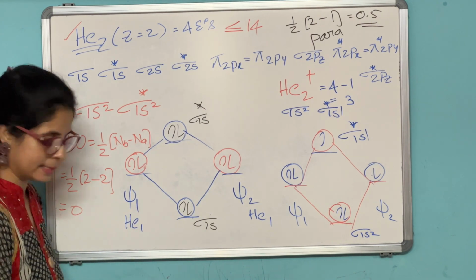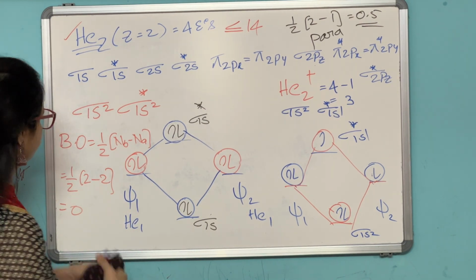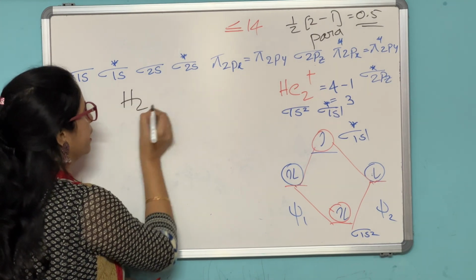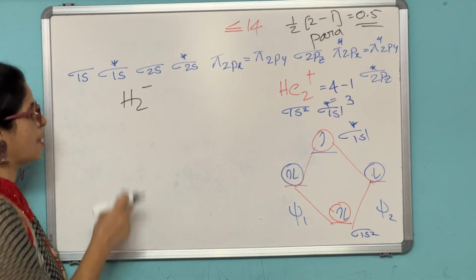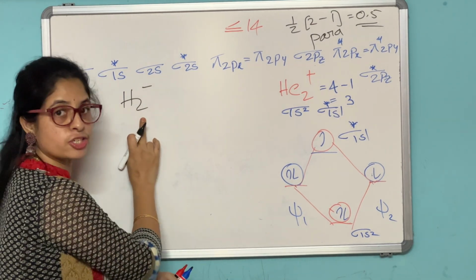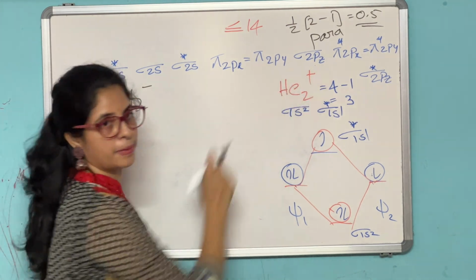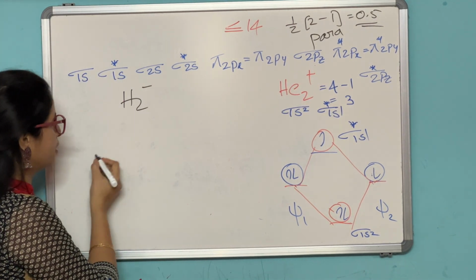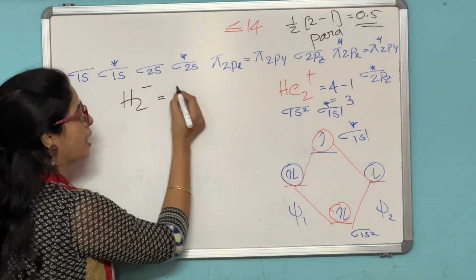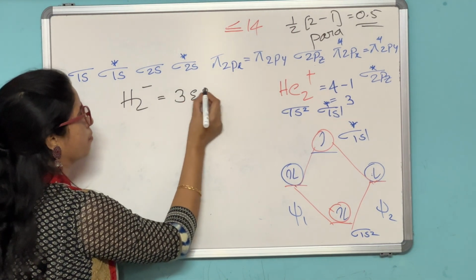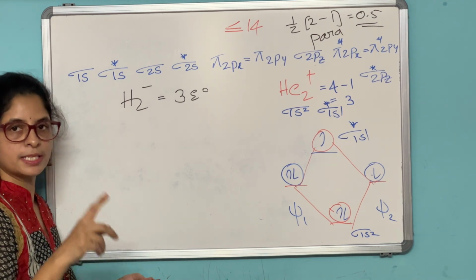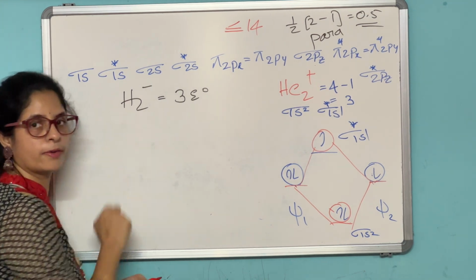Now I'll clear this one. First compare the stabilities of H2 minus and He2 plus. H2 minus has 3 electrons, since minus means you add 1 to the number of electrons.